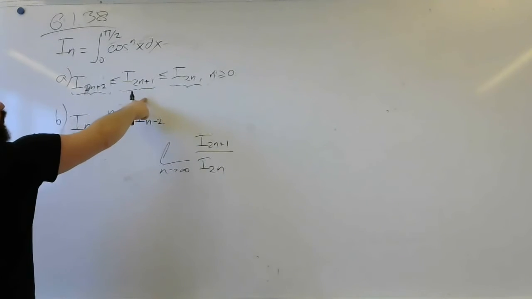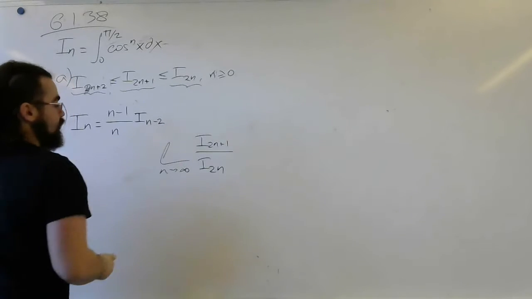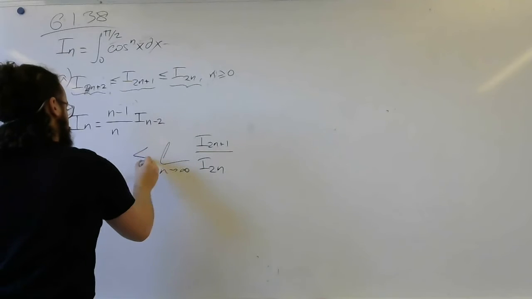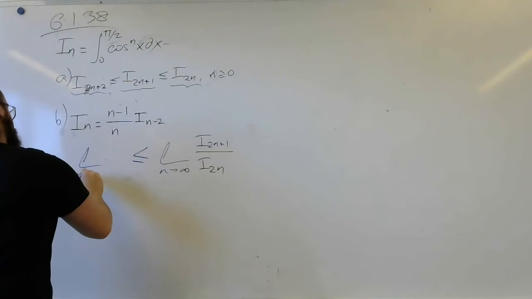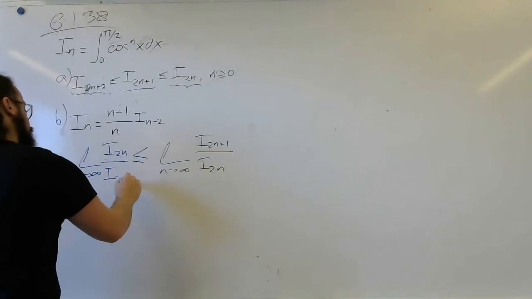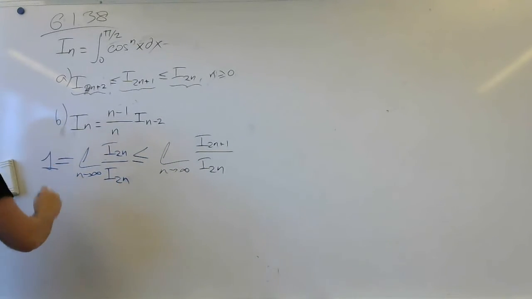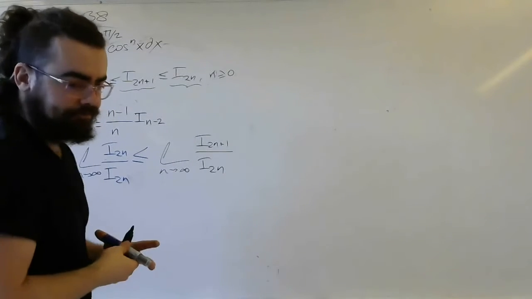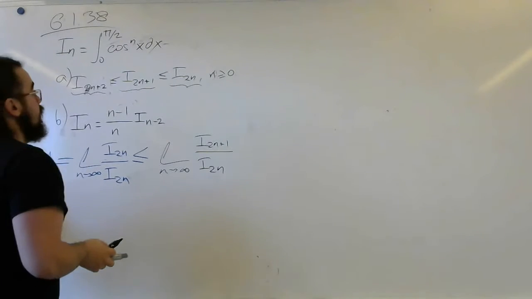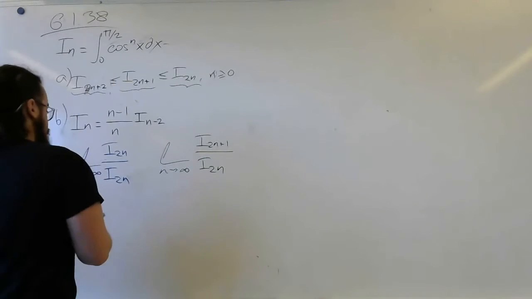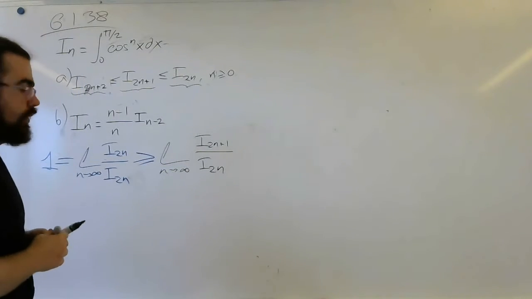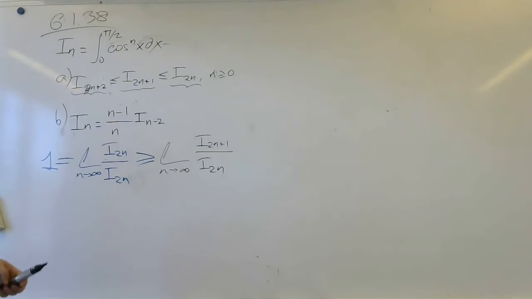I sub 2n plus 1 is smaller than I sub 2n. Right? So now I have done absolutely nothing except for messing up this sign. As for now, no mysteries, nothing new under the sun.